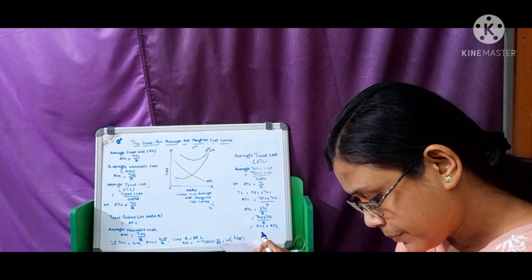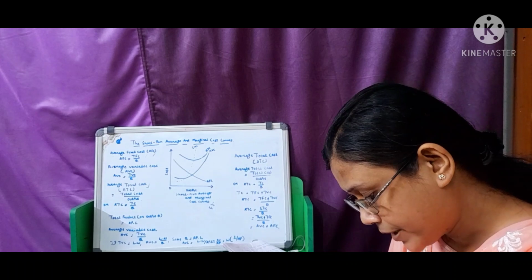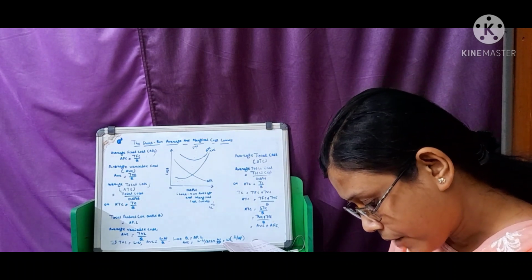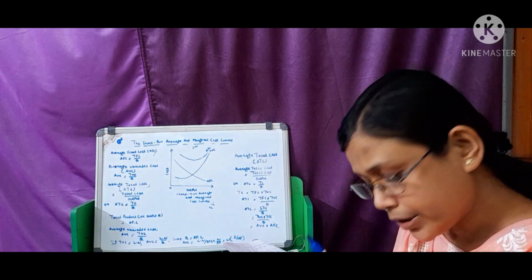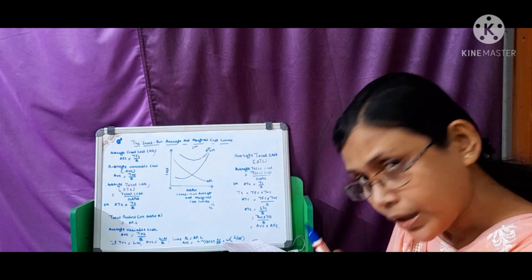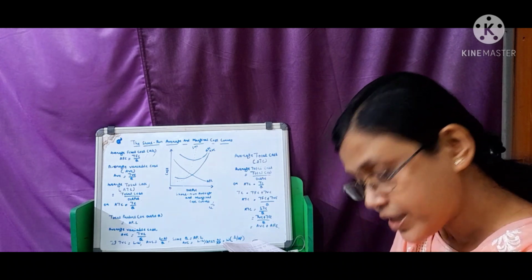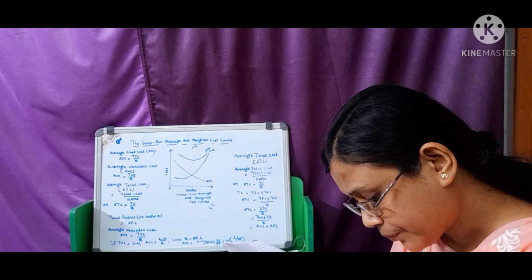Thus, the average fixed cost can be obtained by dividing total fixed cost by the level of output.